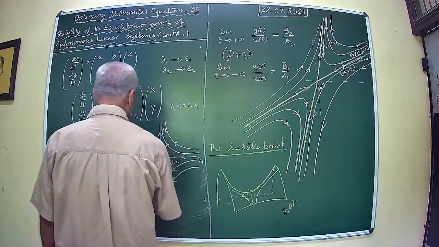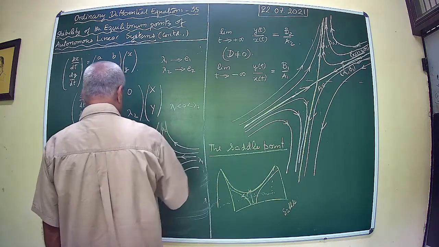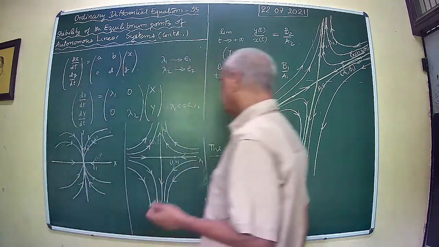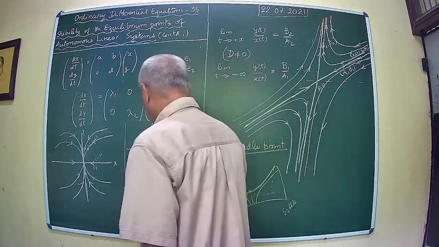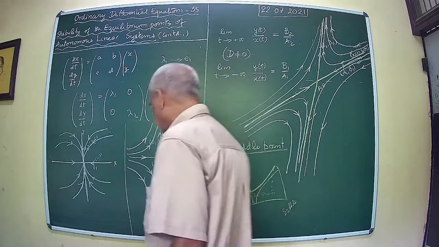This is the saddle point that you get. This is the characteristics that you have. This is again 0, 0 is a saddle point.